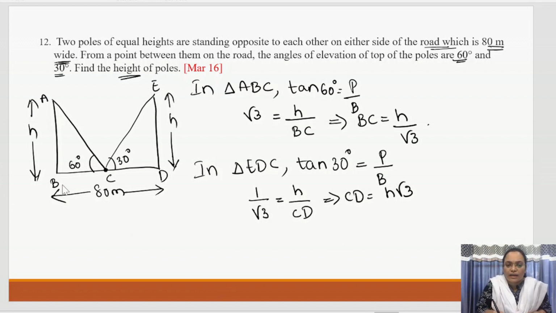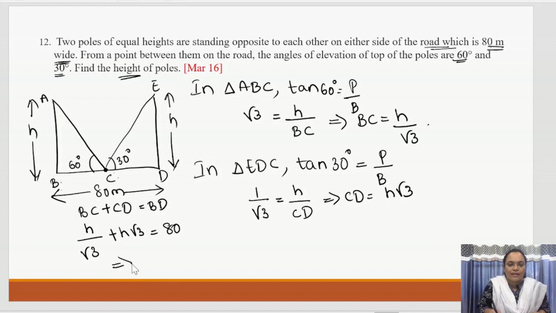We know that BC and CD make up BD only, right? So BC is h by root 3, plus CD, which is h root 3, equals the total width of the road, which is 80.